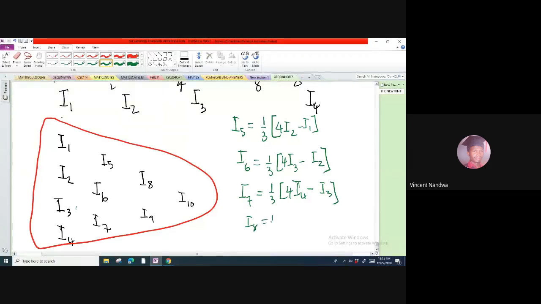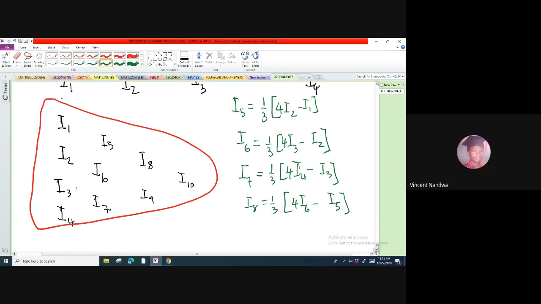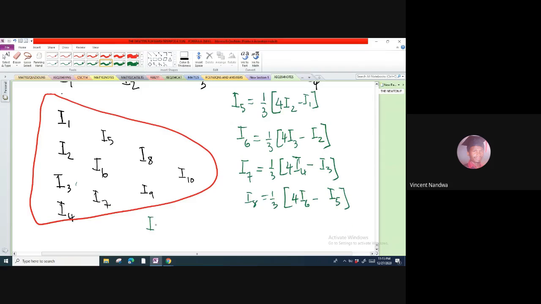I8 is a third into 4 times I6 minus I5. I9 will be given by 1 over 3 into 4 times I7 minus I6.